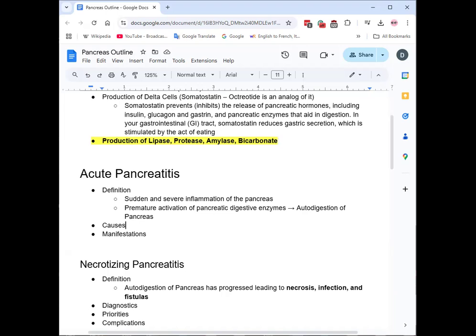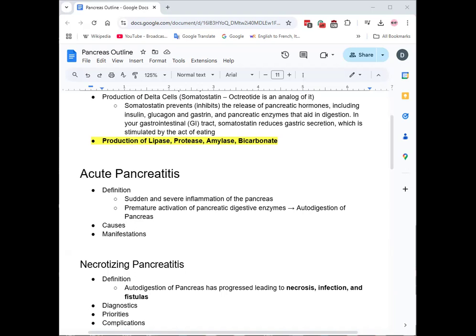So what are some causes that you guys remember for acute pancreatitis? I do like his acronym. There are a few of those, of course, that are a little forced, just so that he could say get smashed.